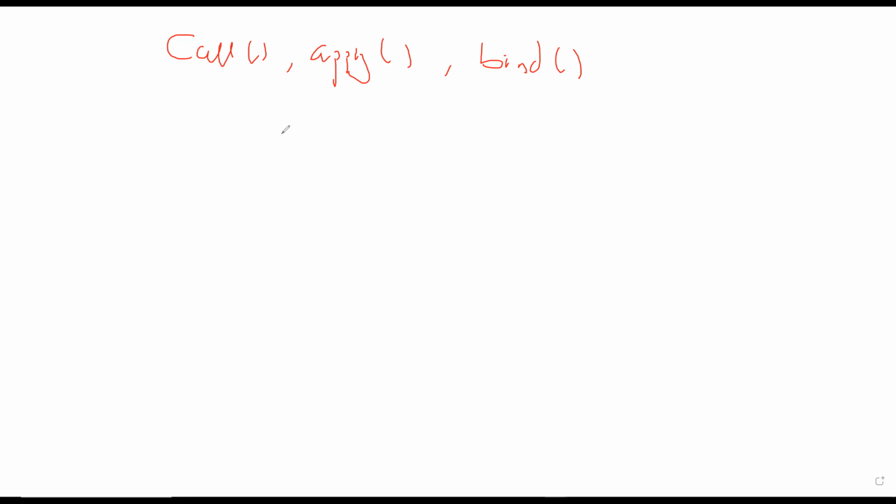Most of the time, when you create a function, for example, person, and I have a name, and I create a variable, let's say first name equal this n.